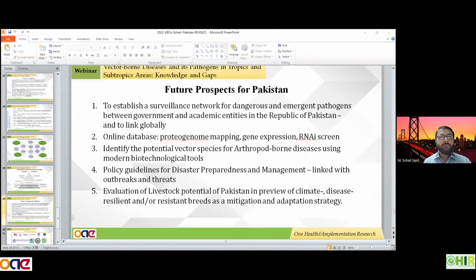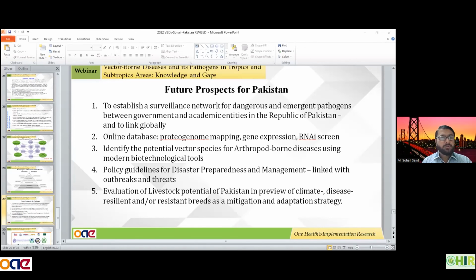So the future prospects for Pakistan would be to establish a surveillance network for dangerous and emergent pathogens between government and academia entities in Pakistan. It is also very important to link globally at this point of time because of the threats of emerging and re-emerging diseases, especially of a transboundary nature.